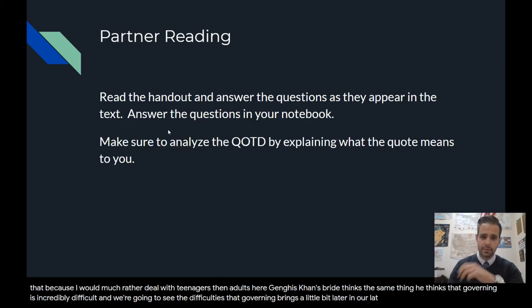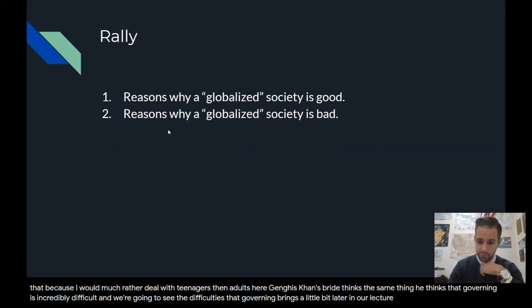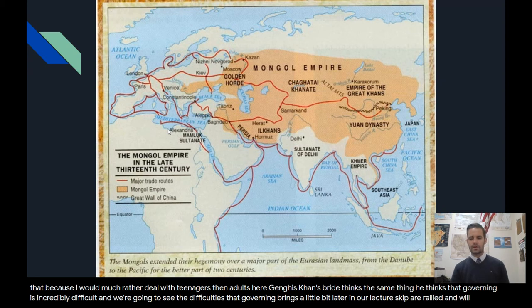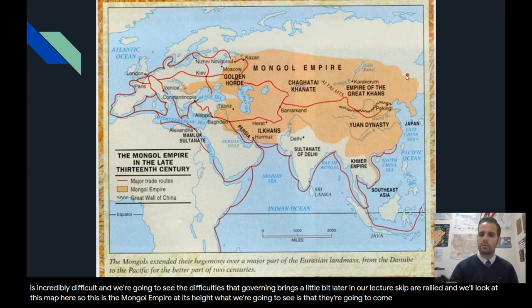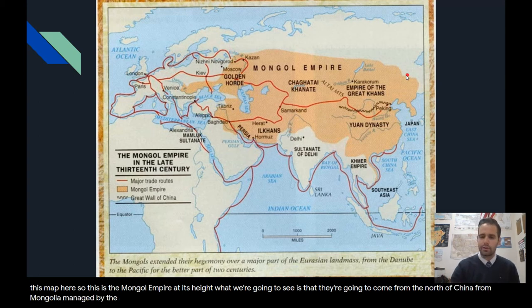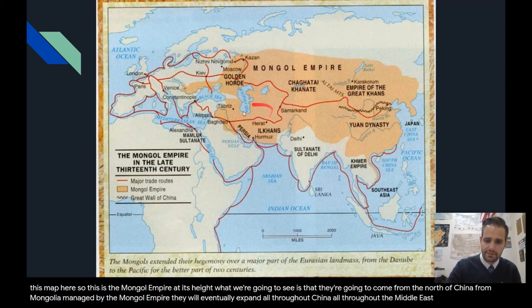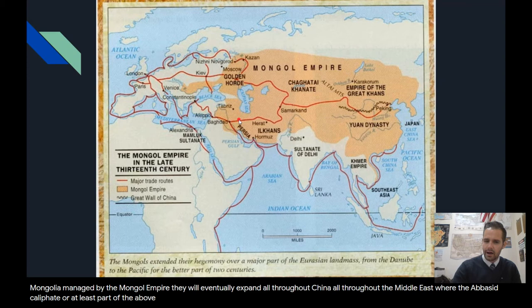later in our lecture. Let's go ahead, we'll skip the partner reading, we'll skip our rally, and we'll look at this map here. So this is the Mongol Empire at its height. What we're going to see is that they're going to come from the north of China, from Mongolia. I mean, it's why they're the Mongol Empire. They will eventually expand all throughout China, all throughout the Middle East, where the Abbasid Caliphate, or at least part of the Abbasid Caliphate, used to be.